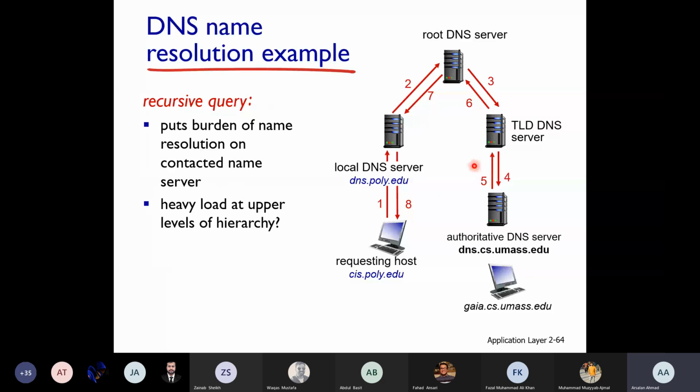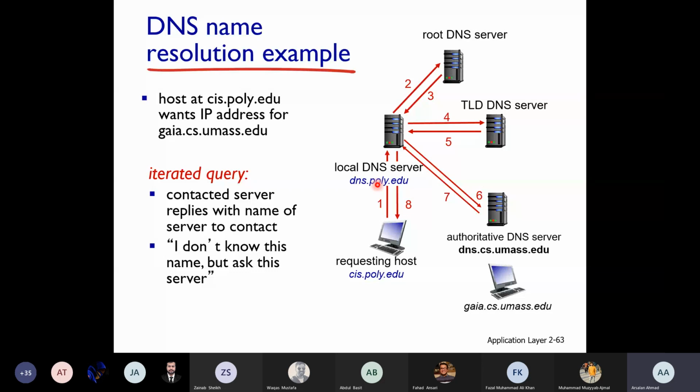So yes, you guys are right in mentioning, the one who answered earlier, and the second one you also answered correctly, but you are just getting confused, because we cannot say that this is a recursive resolution. It's an iterative resolution. The 1 and 8 query will always be recursive. The local name server will always resolve on behalf of its requesting host.